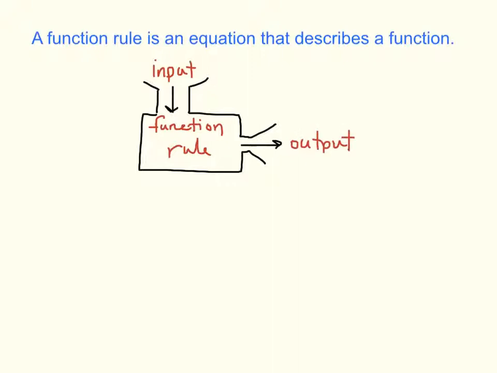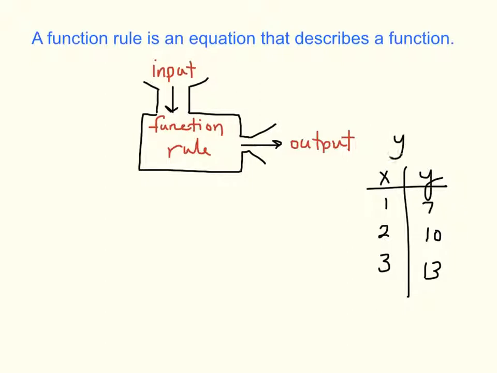So for example, if I gave you an input, which usually we call x, and y is your output, if I did 1, 2, and 3, and my outputs are 7, 10, and 13, what function rule or what equation would you write with that?